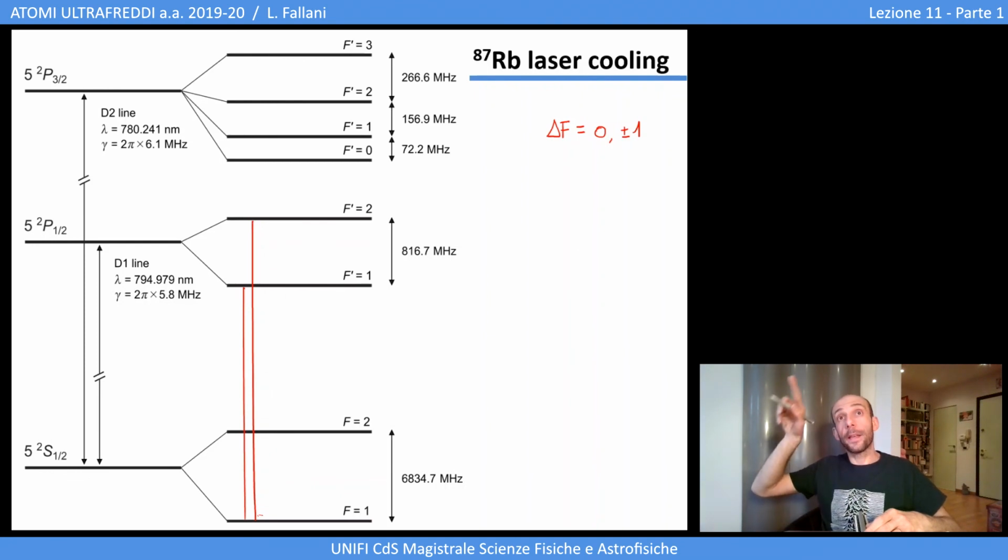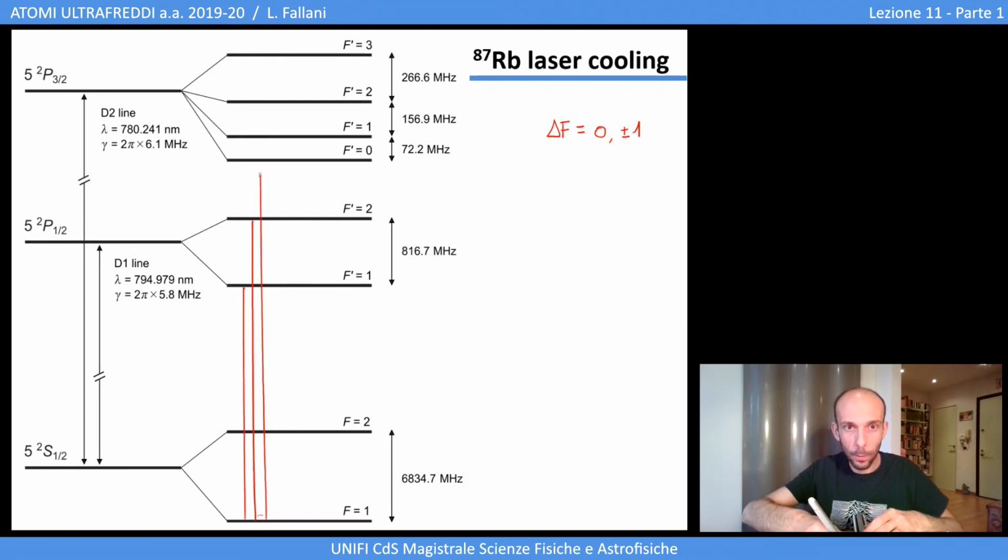Then we can excite instead on the D2 line, and there we can have a transition from F equal 1 to F prime equal 0, that is allowed by selection rules, or a transition from F equal 1 to F prime equal 1, or a transition from F equal 1 to F prime equal 2.